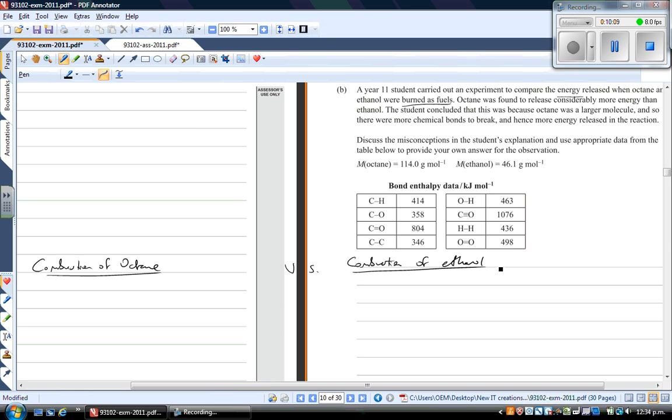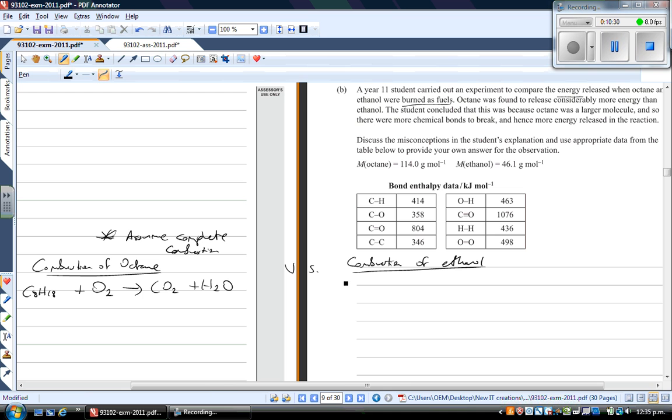The first thing we need to say is we're assuming complete combustion, and if we do so, then we can talk about both of these reactions forming carbon dioxide and water. So octane is C8H18, and we're reacting it with oxygen, and we're forming carbon dioxide and water.